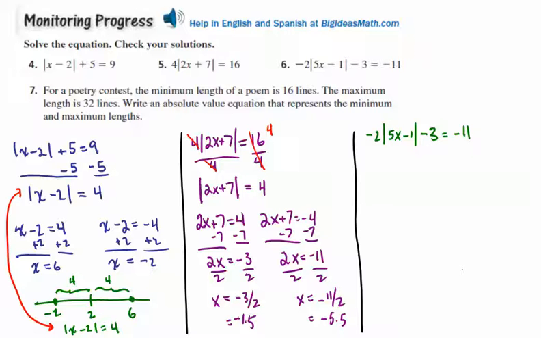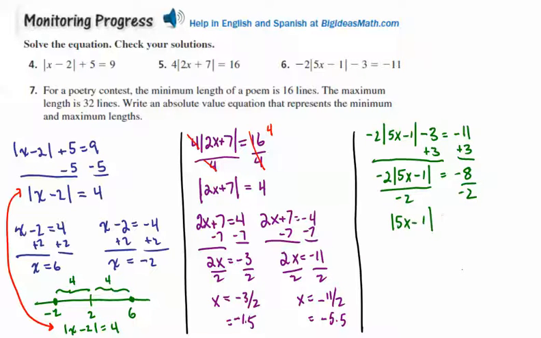And so I add 3, and I get negative 2 times absolute value of 5x minus 1 is equal to negative 8. Then I'm going to divide both sides by negative 2, and I get absolute value of 5x minus 1 is equal to positive 4. Make two equations.